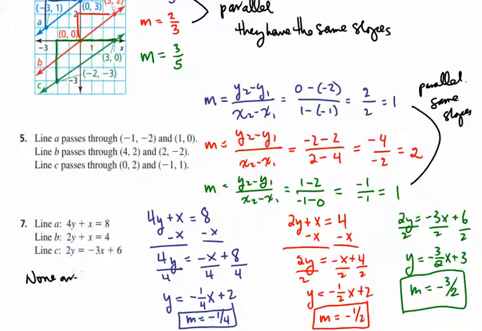None are parallel because no slopes are the same. All right, and we will go on to more problems.